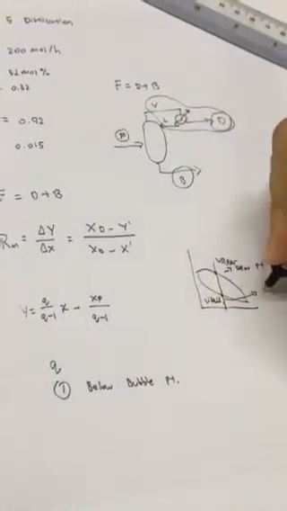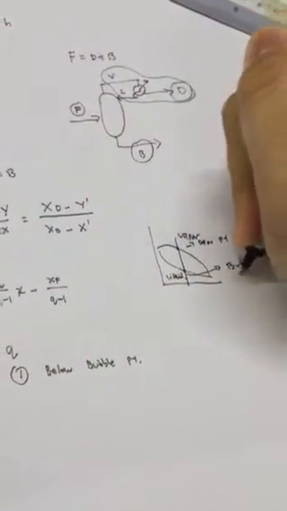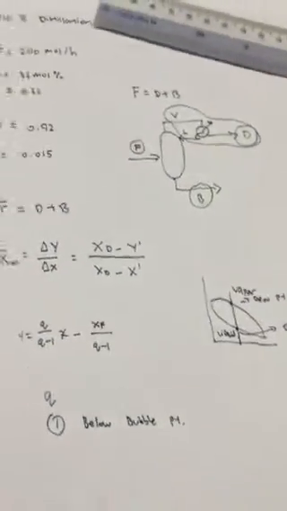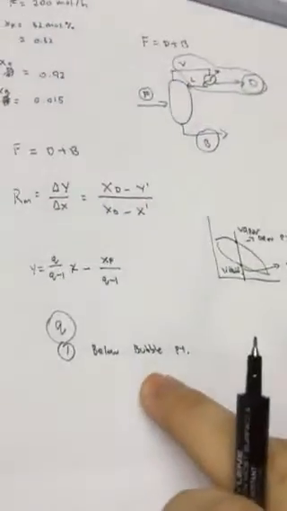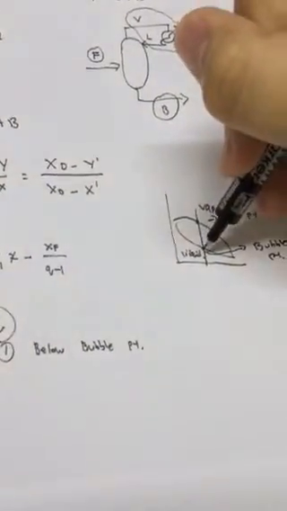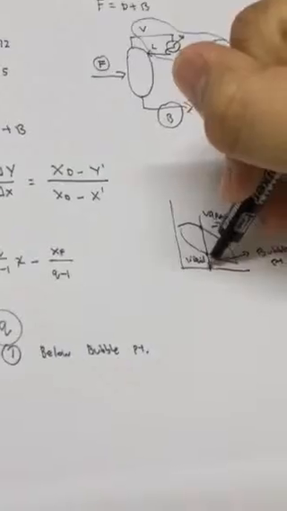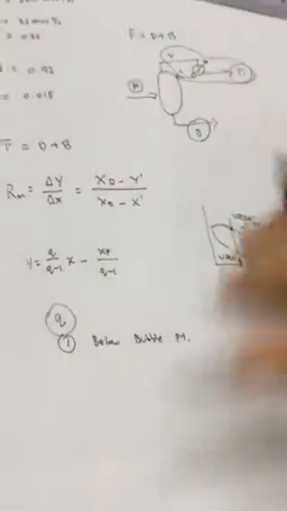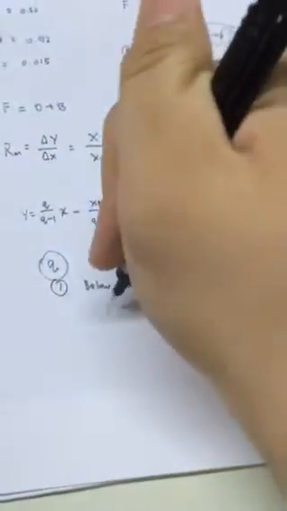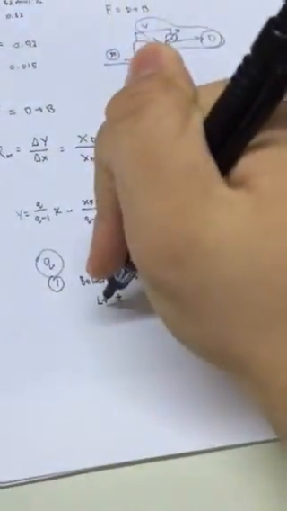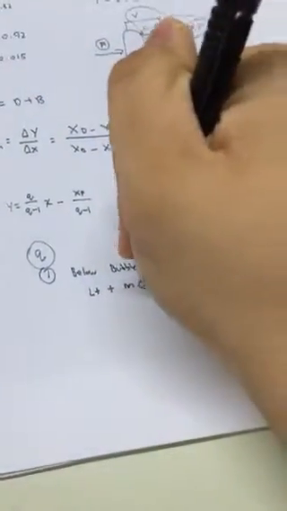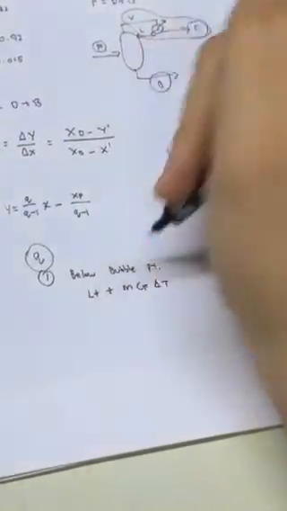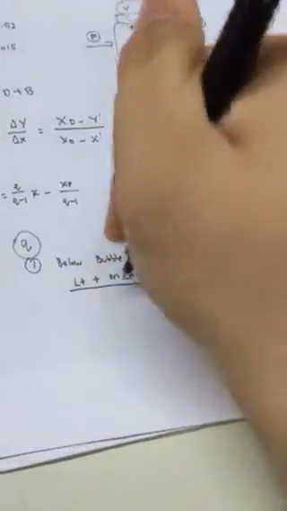So for the first condition for finding Q, if it falls below the bubble point, we use this equation: latent heat plus m Cp delta T, over your latent heat.